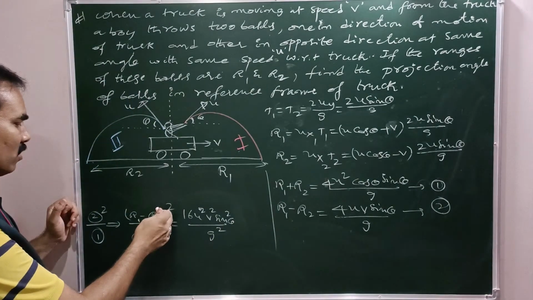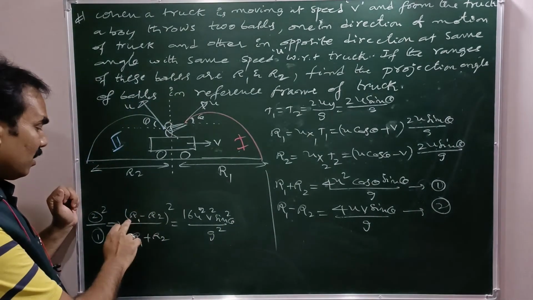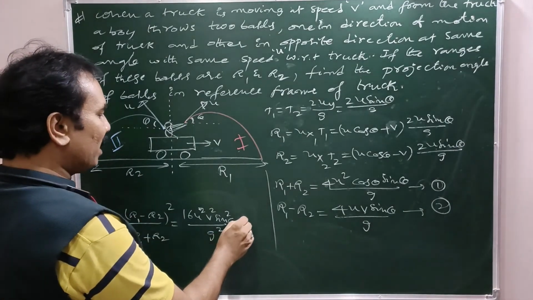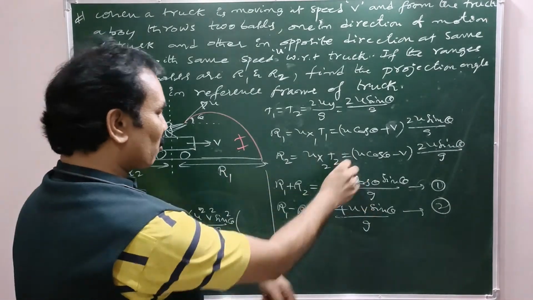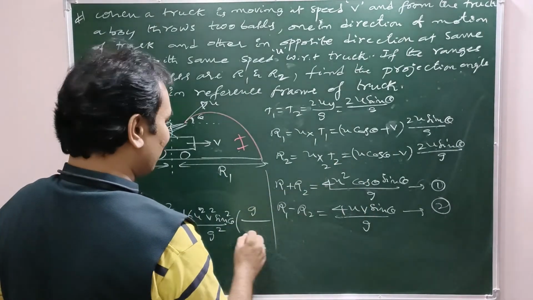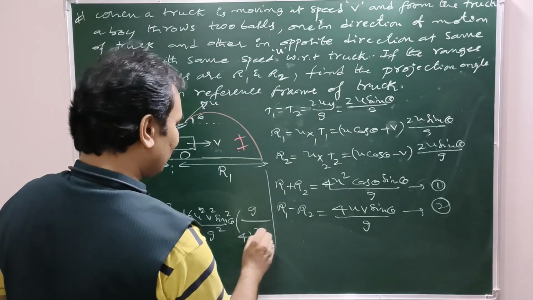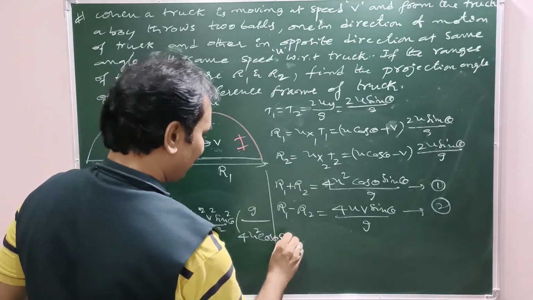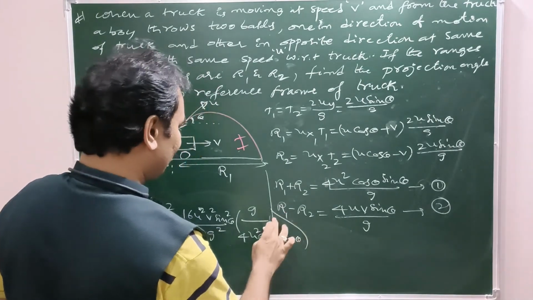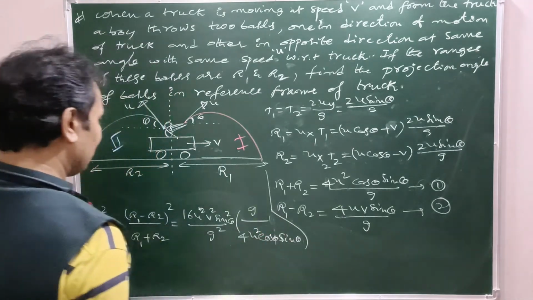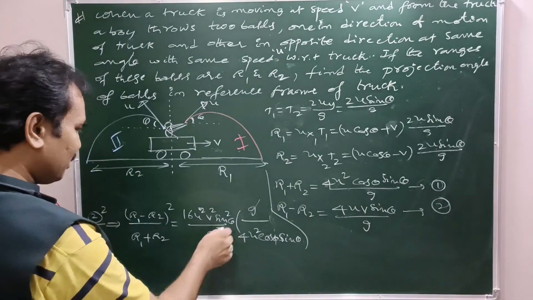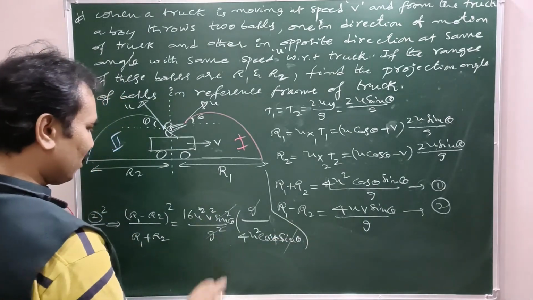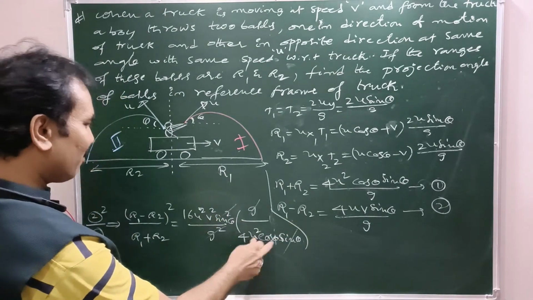See here, R1 minus R2 whole square by R1 plus R2 means R1 minus R2 whole square into 1 by R1 plus R2, so take the reciprocal, that is g by 4u square cos theta sin theta. Here g by g square, we are left with 1 by g. Sin square theta by sin theta, we are left with sin theta by cos theta, meaning tan theta.